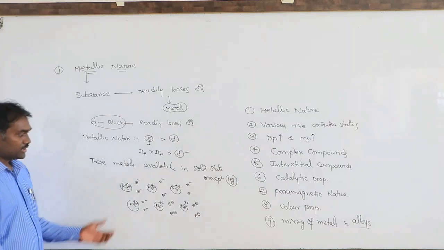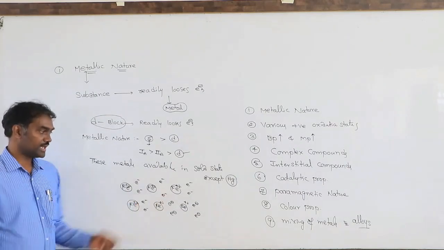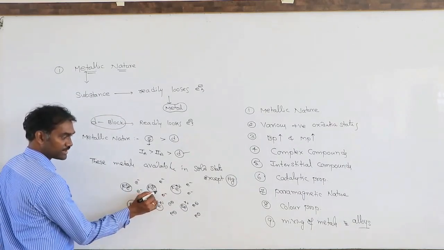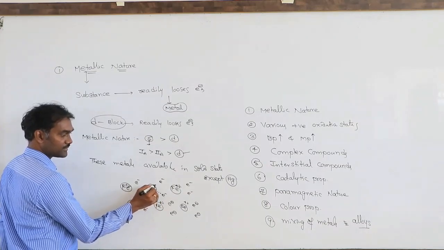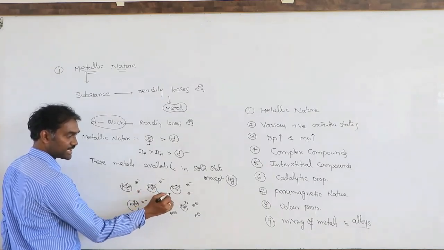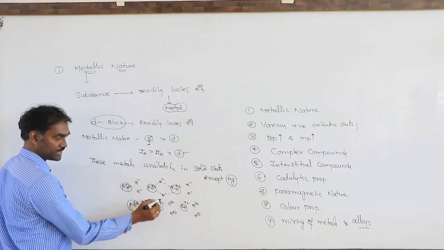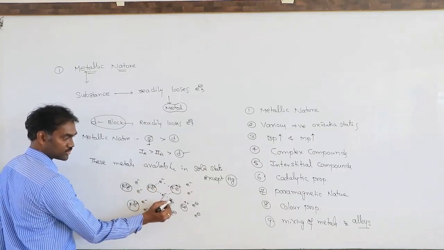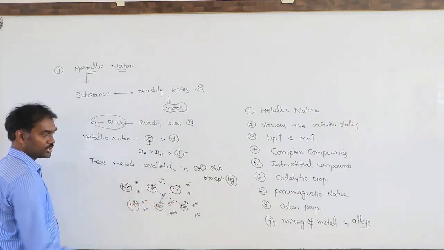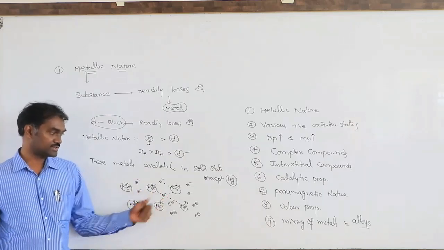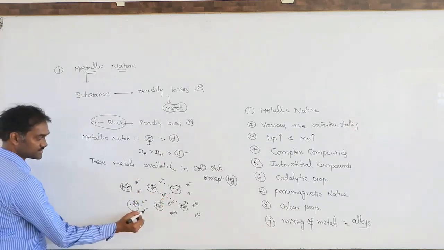Here, the outcoming electrons not only attract their original iron, the beside iron also is attracted. The outcoming electrons you call free electrons.